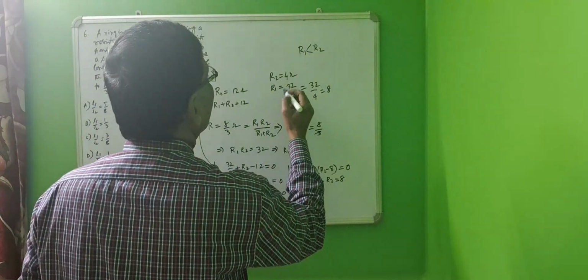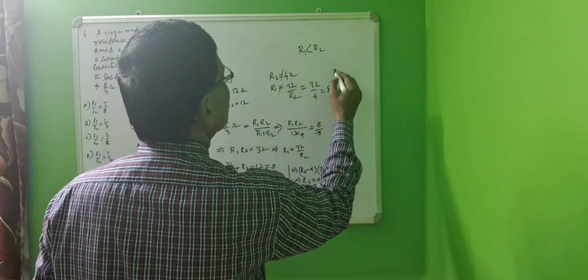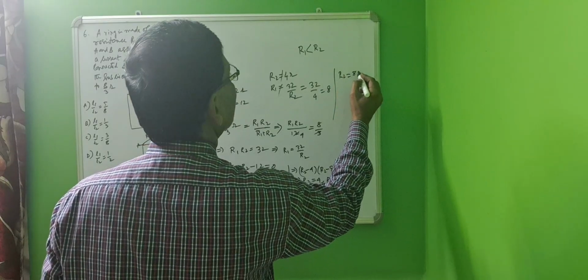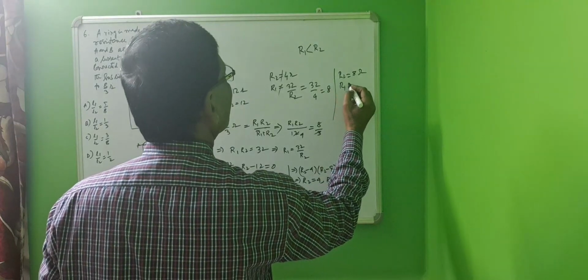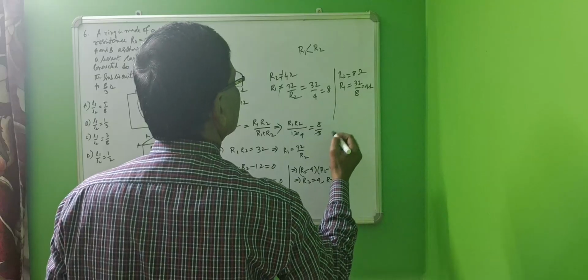So this one is incorrect. So we can write R2 equals 8 ohm, and R1 equals 32 by 8 equals 4 ohm.